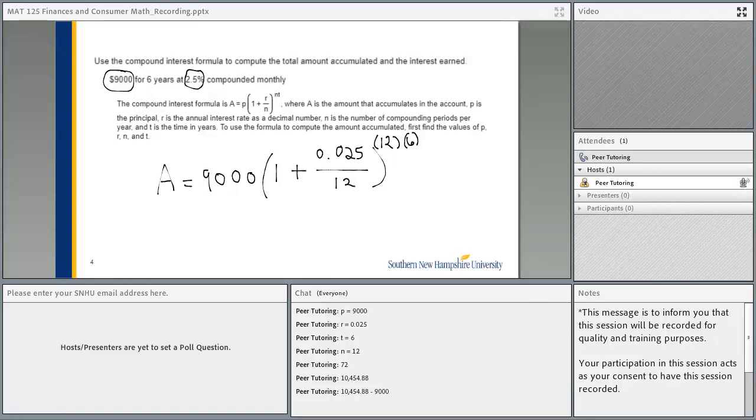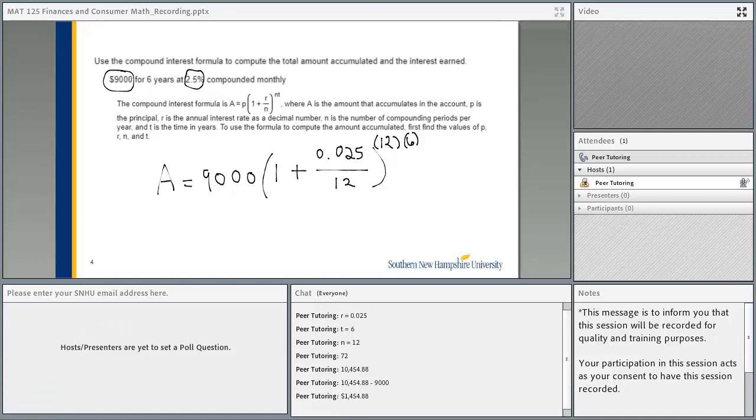So take out the calculator of your choice, $10,454.88 minus 9,000, and we get $1,454.88.